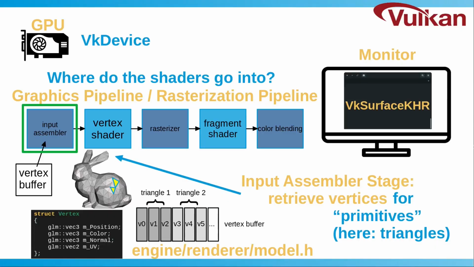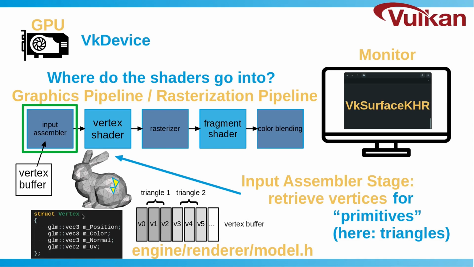The first stage of the graphics pipeline is the input assembler. It is retrieving vertices from a vertex buffer. The input assembler stage retrieves vertices per primitive, and in our case, we configured the stage to use triangles as primitives, so it retrieves 3 vertices at a time and forwards those to the Vertex Shader.